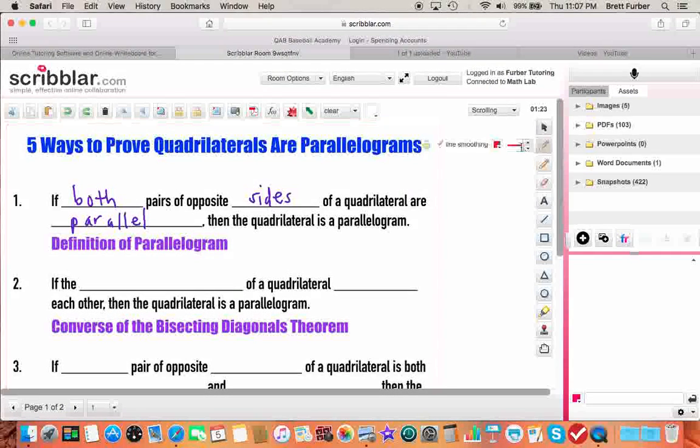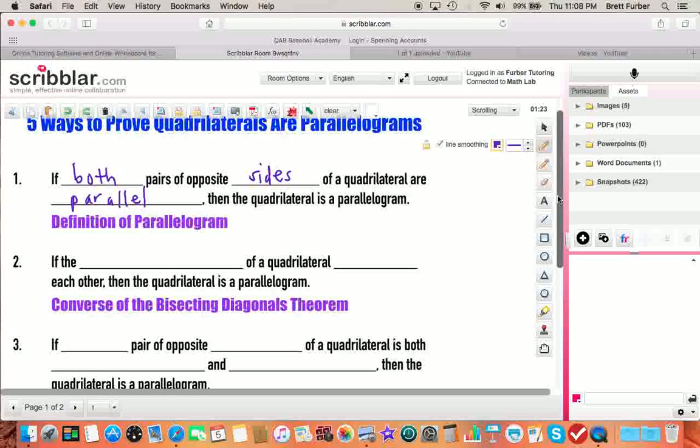All right. So the next one actually is the converse of the theorem that we had at the bottom of page 71, the bisecting diagonal theorem. This is the converse of that.